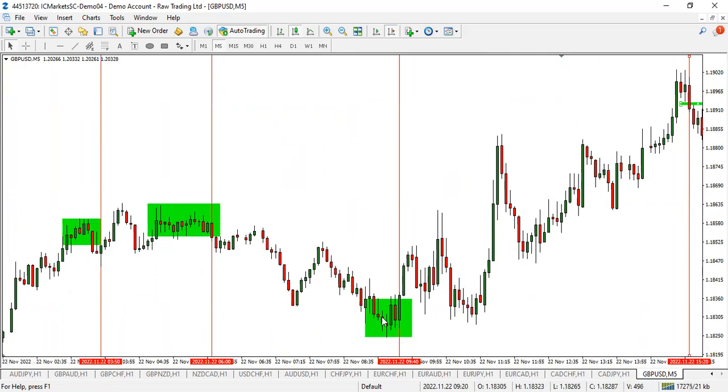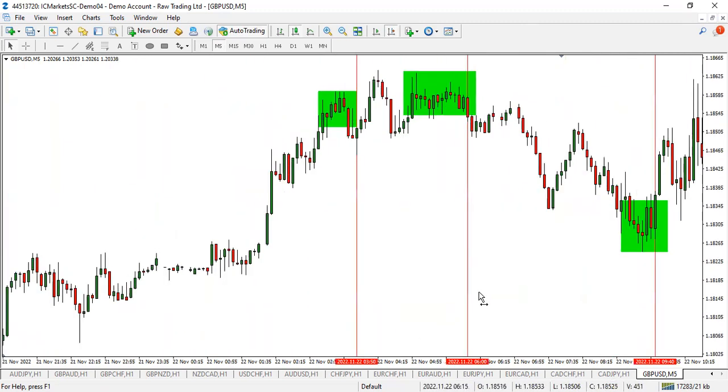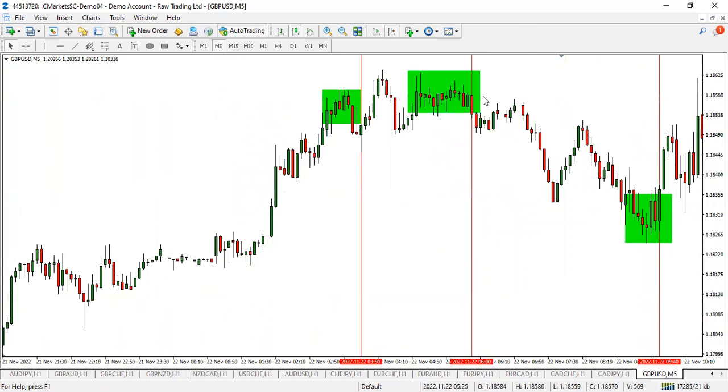Here is another one, a W. This is the candle that broke the neckline, entry, boom, up it went, stop loss somewhere here. This is another one here, and this is the candle here. This one here is the candle that broke the neckline, entry.